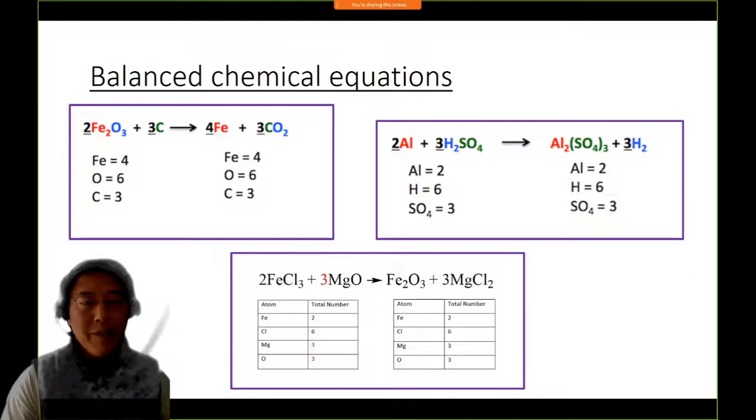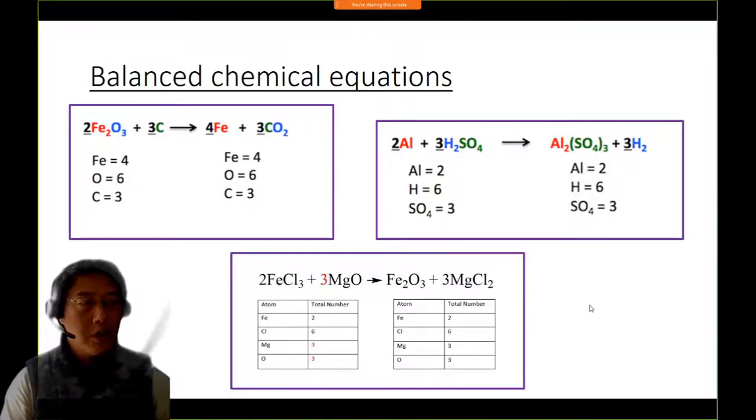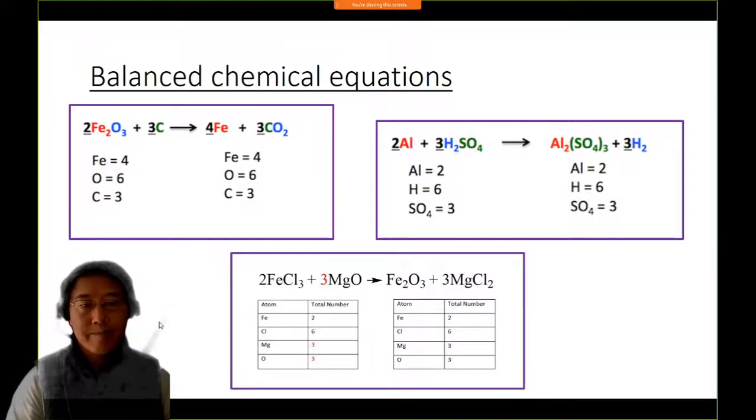The mass before is the same as the mass after. You have two more examples over here, so you can have a look at them in the PowerPoint. For those watching the recording, you can pause this video and have a look at those reactions and try to figure out the atoms.